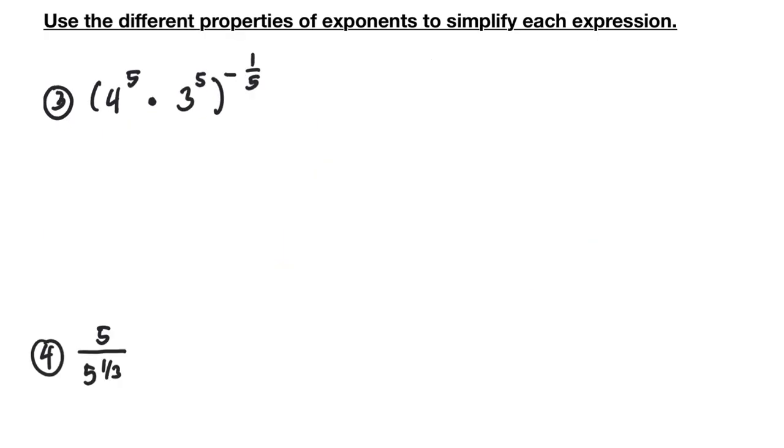Okay, so next, if we take note in here, we can see that their exponents are the same. So we can actually put these two together. Maybe the best way to do it is, let's say, 4 times 3, raised to 5, and then we're going to raise it again to negative 1 over 5.